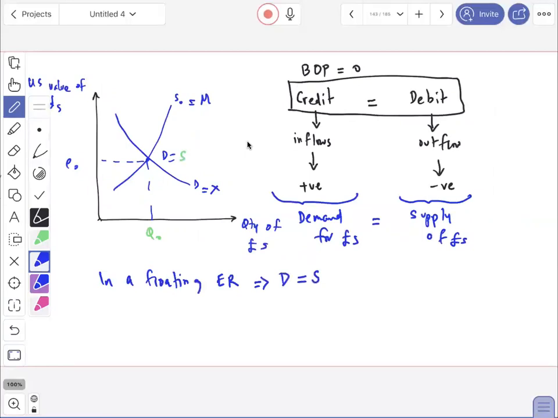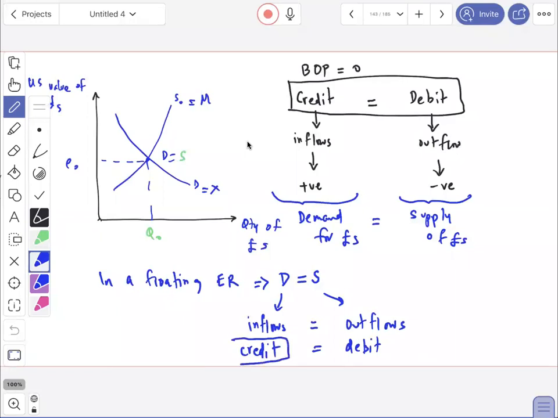And that is why you have an exchange rate that is determined through demand equals supply, which means all the inflows must equal outflows. The credit side of the balance of payment must equal the debit side, which means that a BOP must always balance. Is it always? Theoretically, it should always be the case.